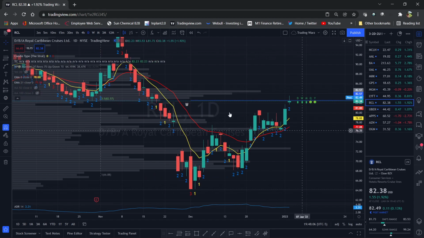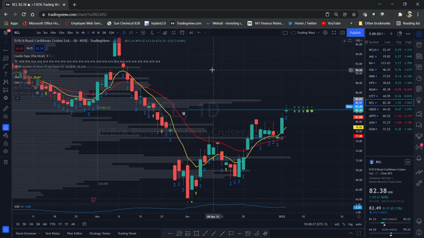So now that I'm in this one on the daily, I will definitely watch. You can see a little bit of resistance here at this volume level, this price volume. So once I'm in a position, basically that's what I do, guys. I'll watch it on each of these time frames, mainly the daily, to see what's going on.